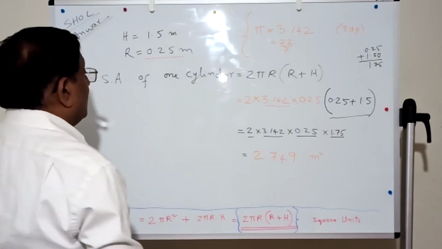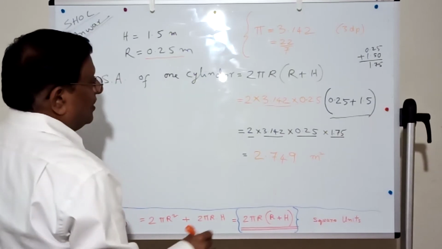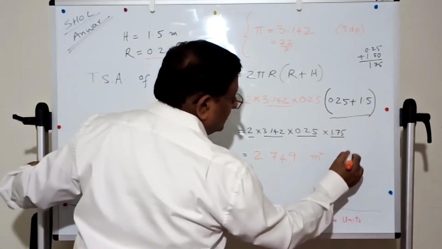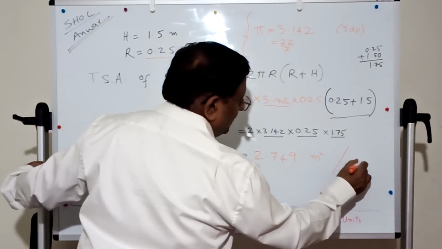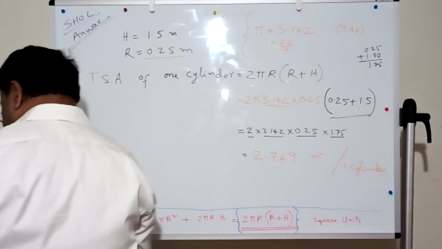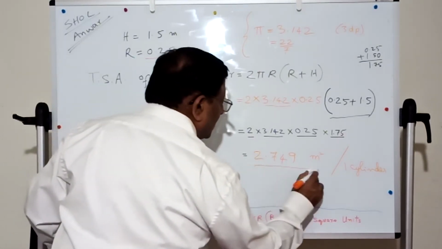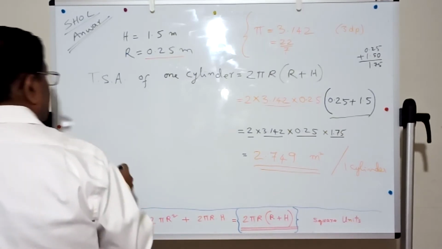This is for one cylinder. So we need to find out for four cylinders, four cylindrical tanks.